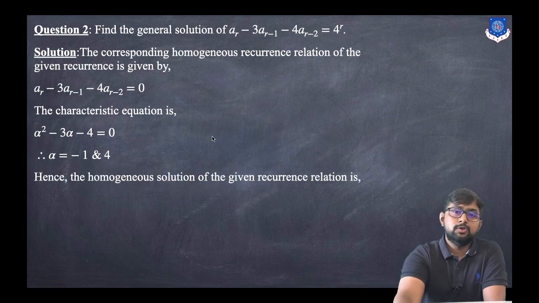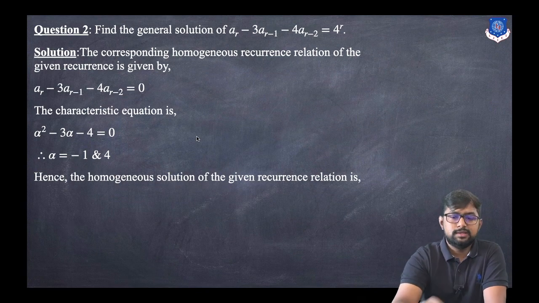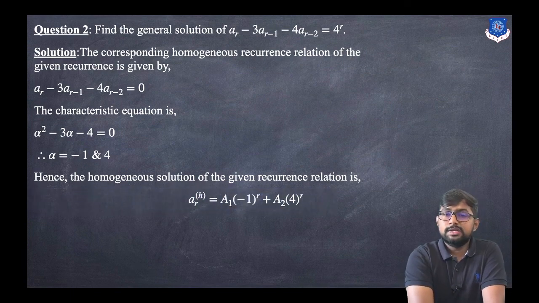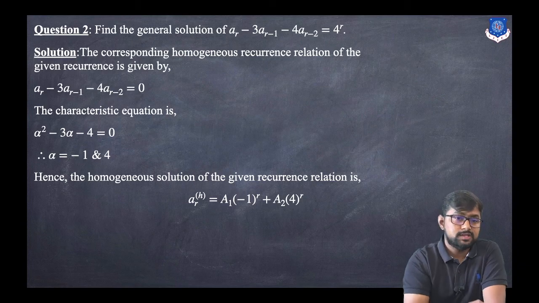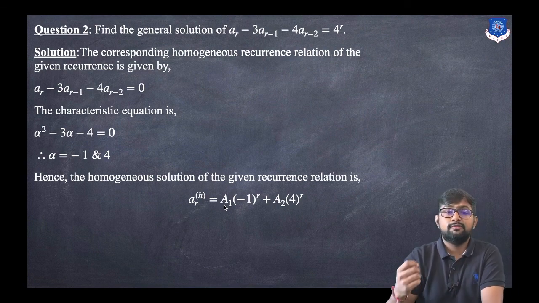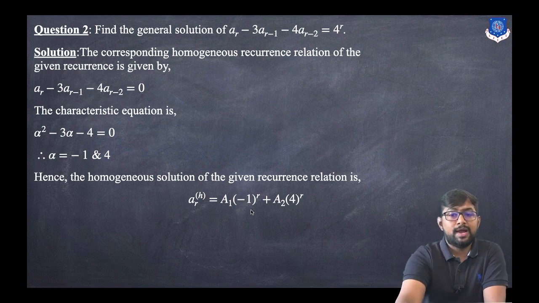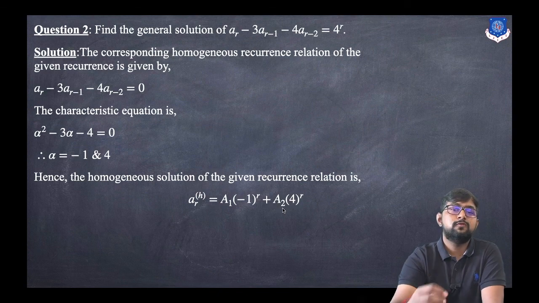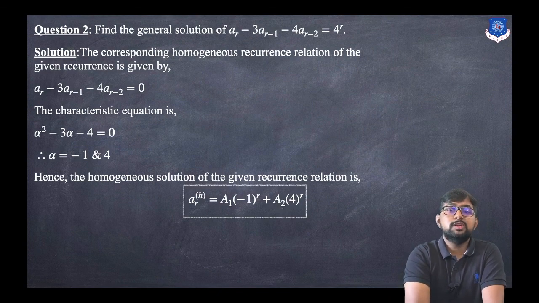Hence the homogeneous solution: both roots are distinct, so we apply the first case for distinct roots. So a_r^(h) = A1(-1)^r + A2·4^r, taking alpha 1 as -1 and alpha 2 as 4. This will be the homogeneous solution.